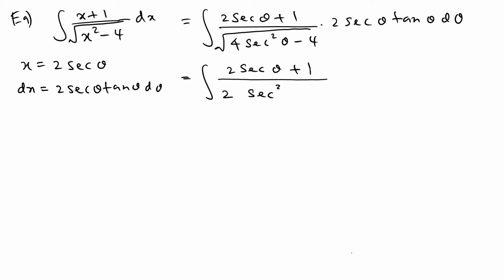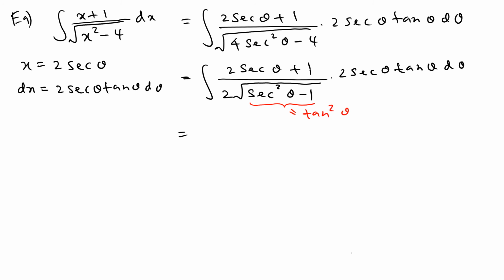So you have the square root of secant squared theta minus 1, and then 2 secant theta tan theta d theta. We know that secant squared theta minus 1 is simply tan squared theta, and under the square root it becomes tan. You can also see that these two get cancelled, not the other two. I put a bracket here just for clarification.